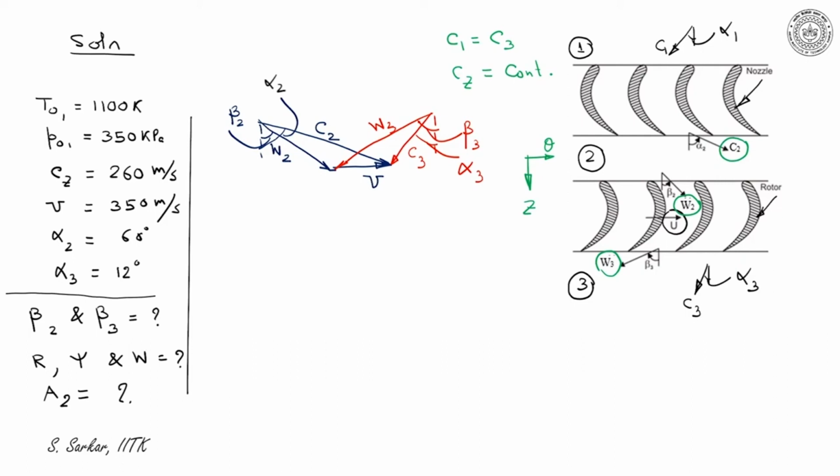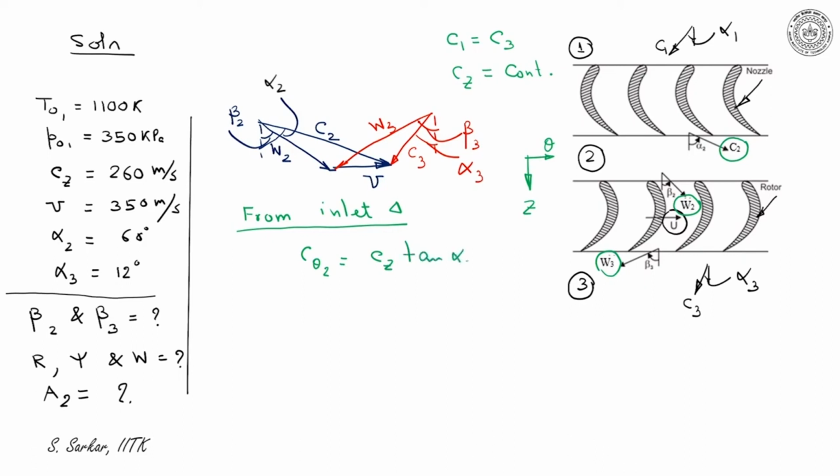Now, from the inlet velocity triangle, I can write C theta 2 is equal to Cz into tan alpha 2.